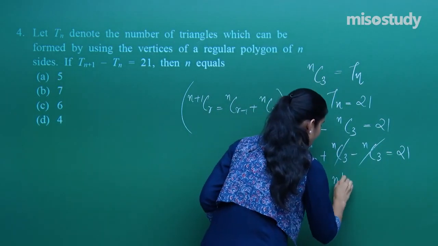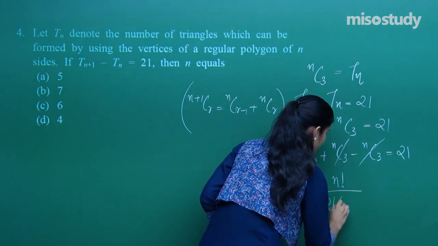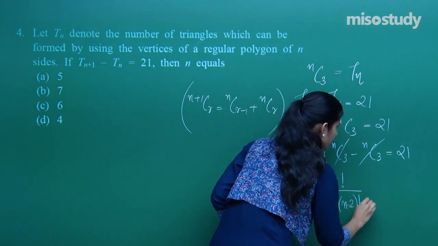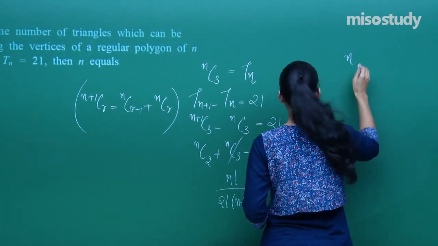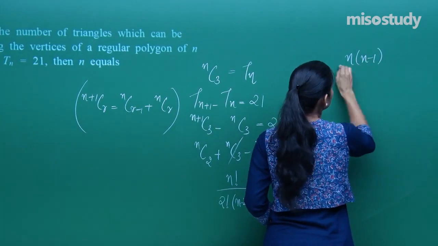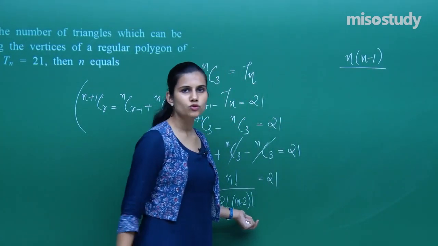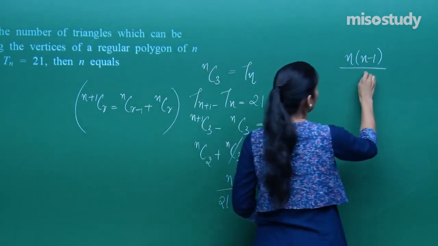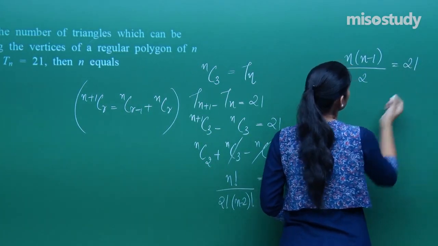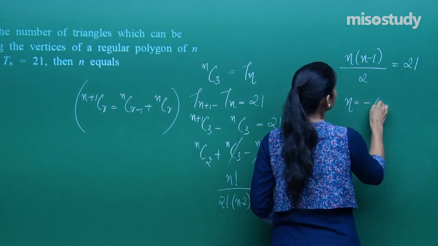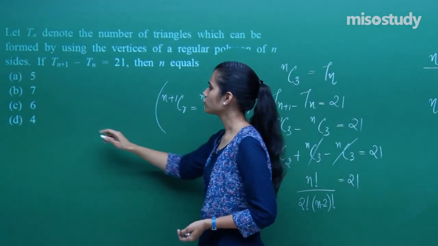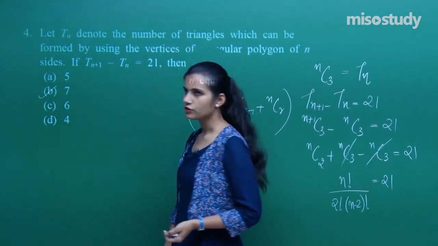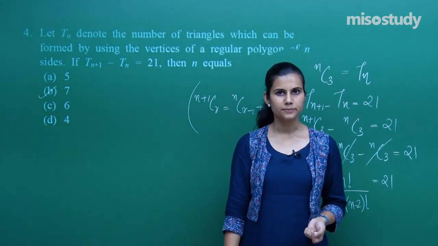You are left with n factorial upon 2 factorial into n minus 2 factorial. This is 21, which eventually gives you n into n minus 1 into n minus 2 factorial upon n minus 2 factorial, that cancels out, upon 2 is 21. You resolve this, you get n equals minus 6 and 7. So n actually comes out to be minus 6 and 7, out of which the options is supporting just 7.